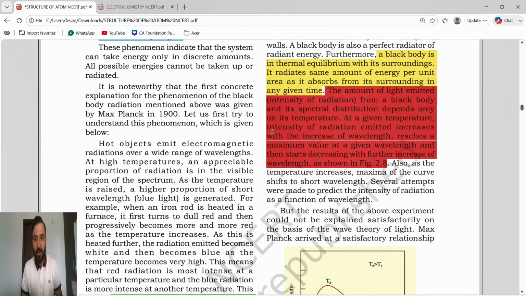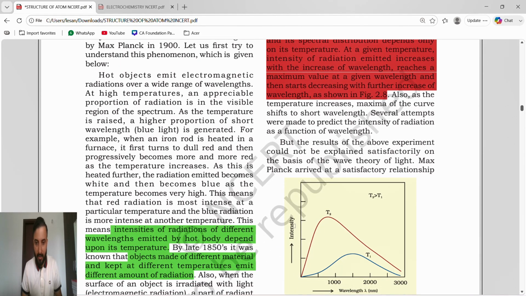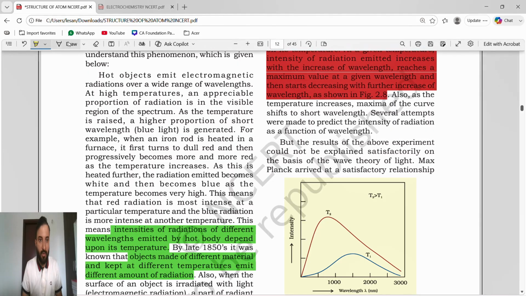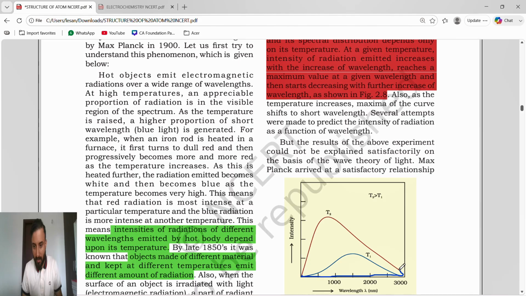At a given temperature, intensity of radiation increases. This is intensity. The intensity of radiation increases with increase of wavelength, because you can see here, guys, wavelength is increasing. So with increase in wavelength, intensity of radiation increases.